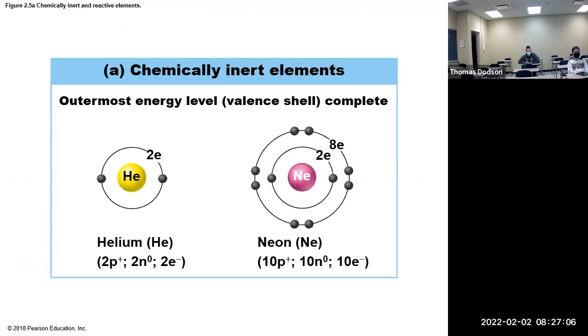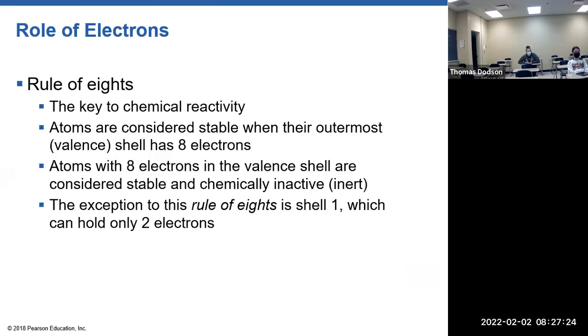So you can see that with helium, there's 2 here. Chemically inert. Neon is also inert, because it's got 8 to fill its second, outer shell. Not a big deal. I think that makes a lot of sense. The only thing I want you to get from this is called the rule of 8s: if you're full, you're not going to react.